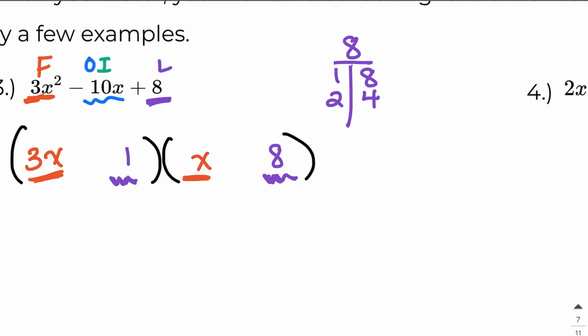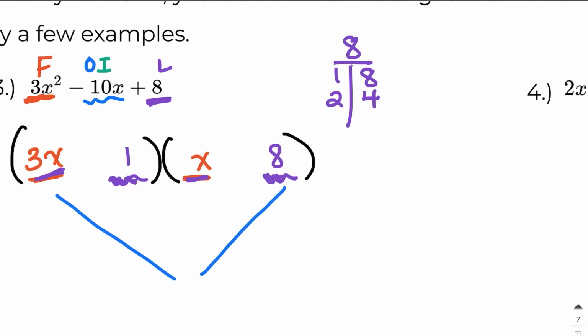So I have lots of different combinations with the 3 and the x versus the 1 and the 8 or the 2 and the 4, but I need a specific combination that's going to give me the outside and the inside together will give me negative 10x. I'm going to put the outside underneath though, and I like to call these carets, okay?